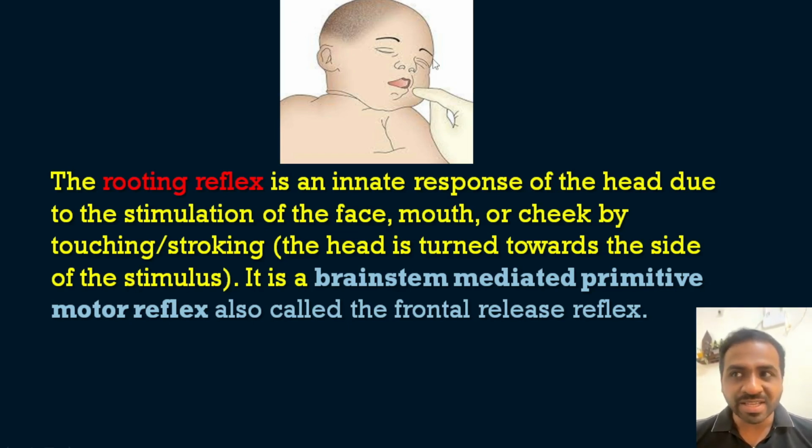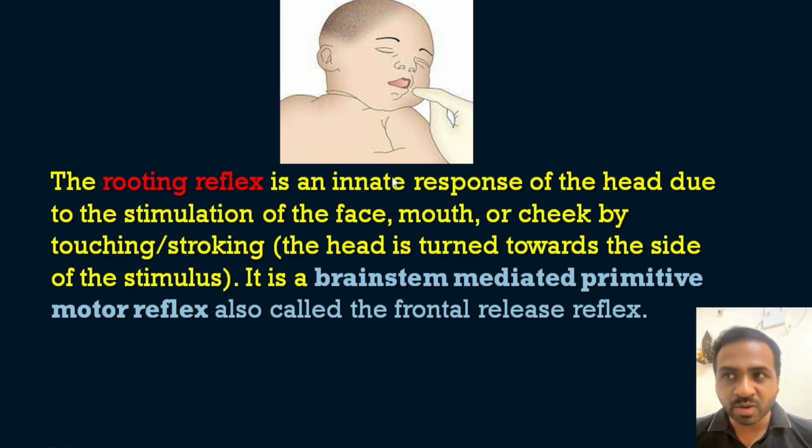In the picture, when the examiner stimulates one side of the cheek or mouth, the head, mouth and face turn towards that side. This is an innate response. The important thing is that it is a brainstem mediated primitive motor reflex, and that's why it is known as the frontal release reflex.